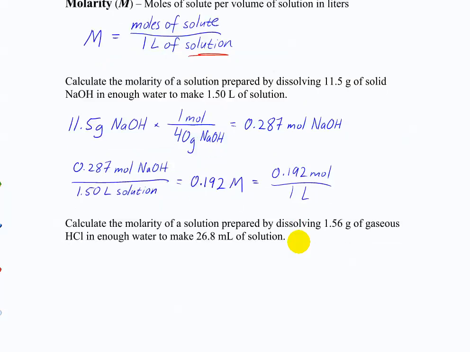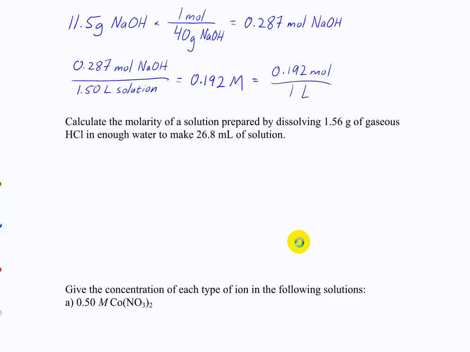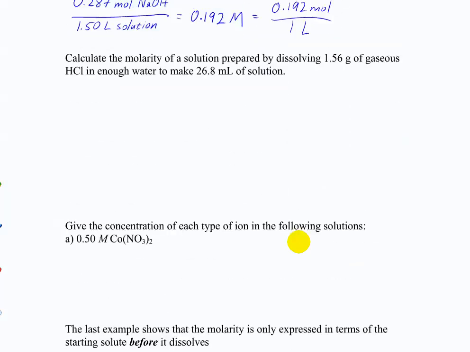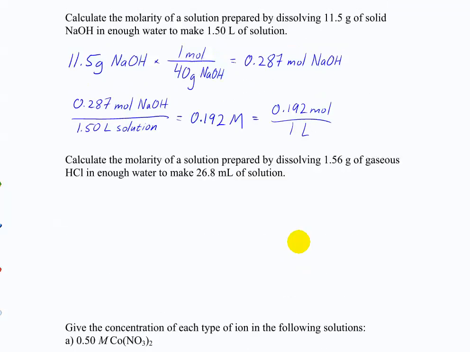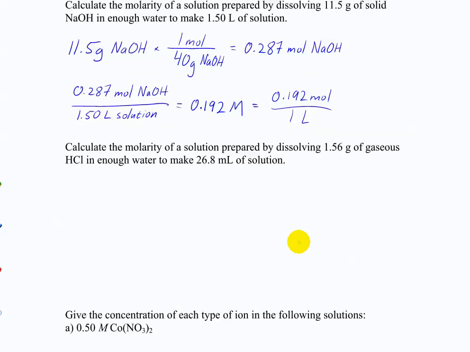All right, so you do this one. Calculate the molarity of a solution prepared by dissolving 1.56 grams of gaseous HCl in enough water to make 26.8 milliliters of solution. All right, let's try it.